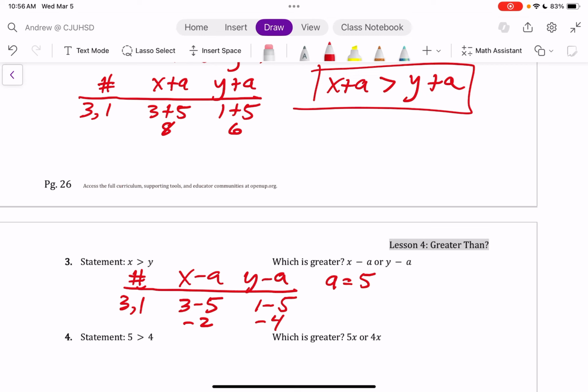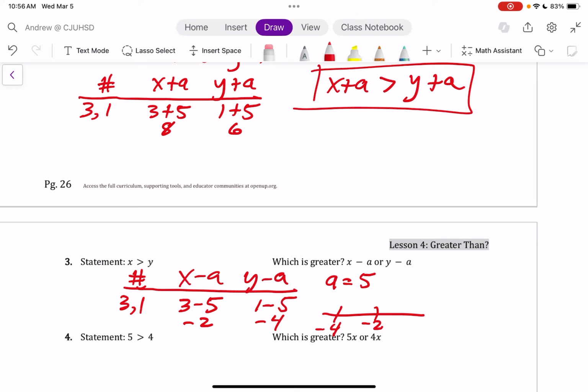When you're dealing with negative numbers, another way to remember is that greater numbers are to the right on the number line. So if you were to put these two numbers on a number line, -2 is to the right and -4 is to the left. That means -2 is greater than -4.